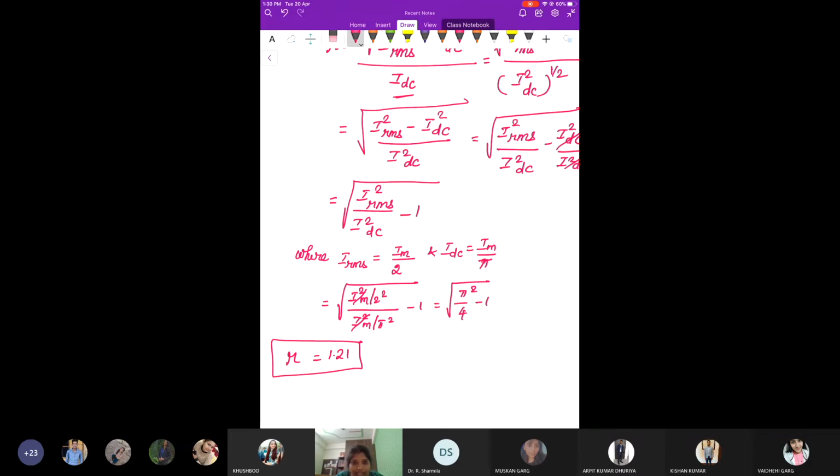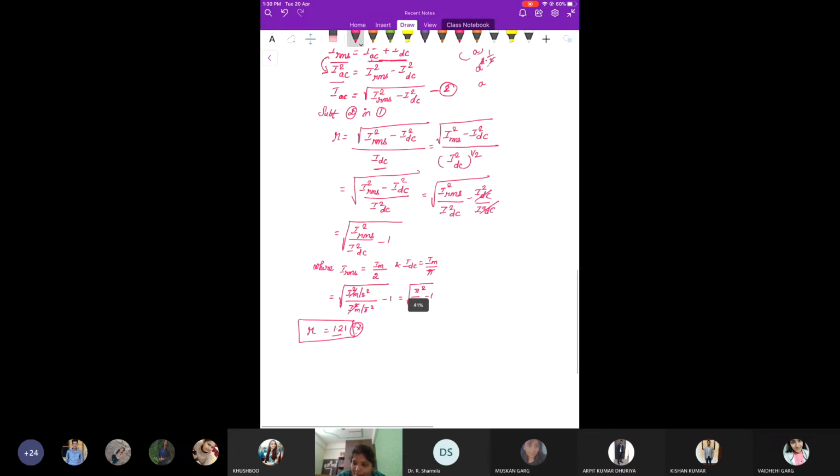At least if it is not possible for you to remember the derivation part, you should know the final value. That is, the ripple factor obtained for the half-wave rectifier is 1.21. What is ripple factor? You have to know. Using the ripple factor, we find how much AC component is added in the output. Okay. So this is the third parameter.